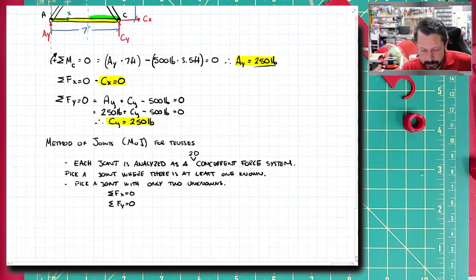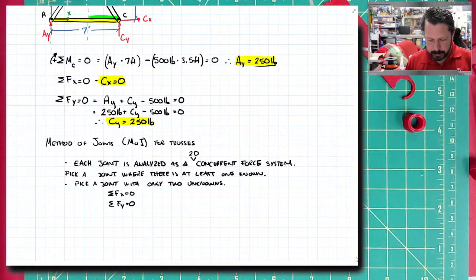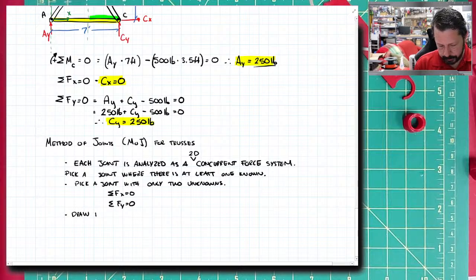This is also why you solve the external reactions first, so that you have some known values. But it is possible that you don't need to. Like I said, 90% of the time you do need to, and 10% you don't. All right, so once we've done that, draw a free body diagram of the chosen joint.